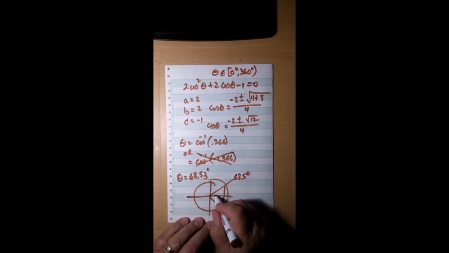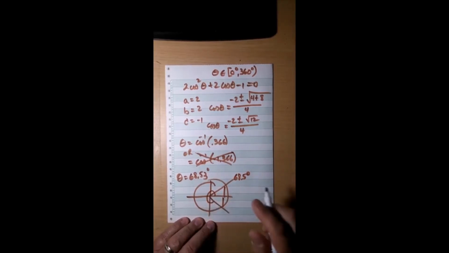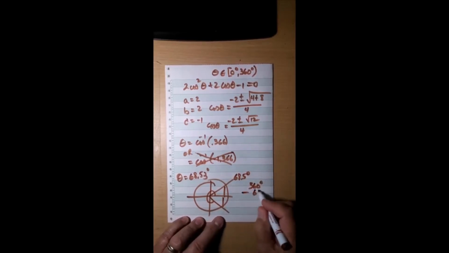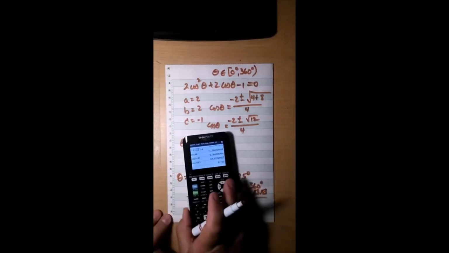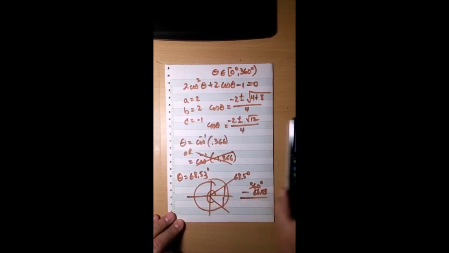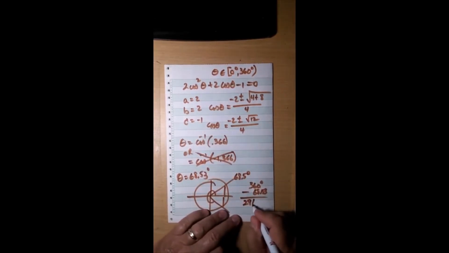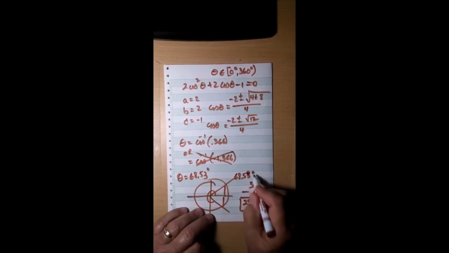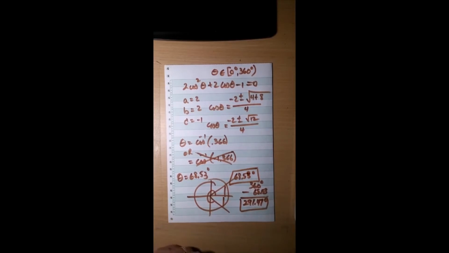And if I want to go all the way around, you take 360 minus the 68.53, which is 291.47. So there's one answer, this is 68.53, and there's the other answer. But this was an extraneous solution, so we didn't need that one.